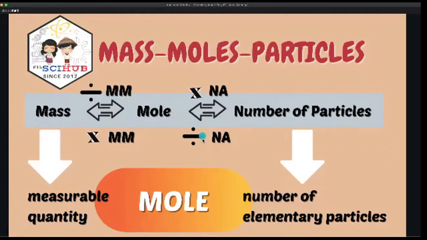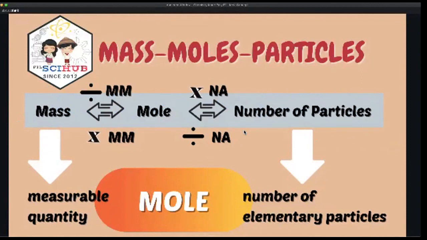So technically, itong interrelationship na to, na ipinakita namin sa inyo, ito yung textbook definition ng mole concept na technically, ang mole is just a translator between two different descriptors of the amount of a substance.